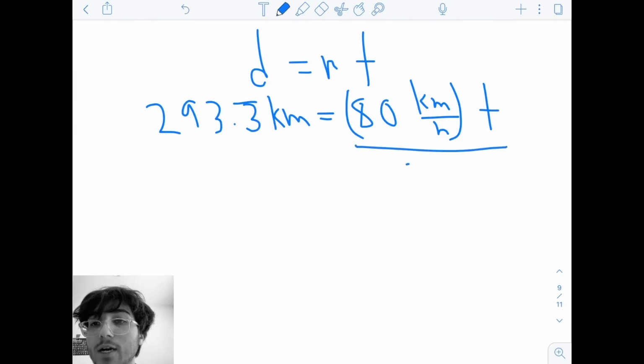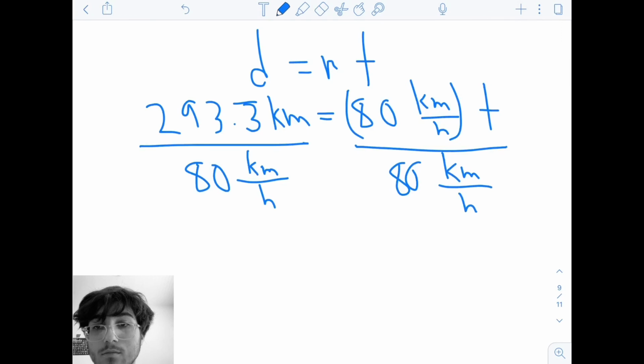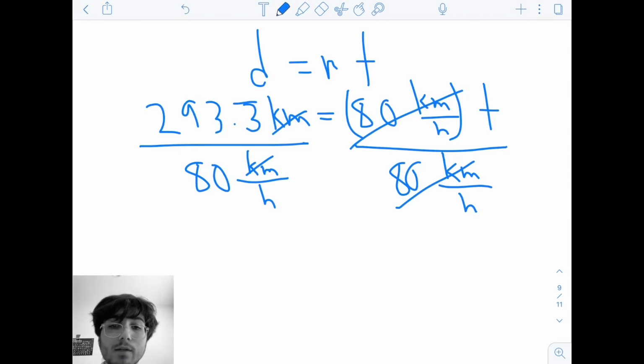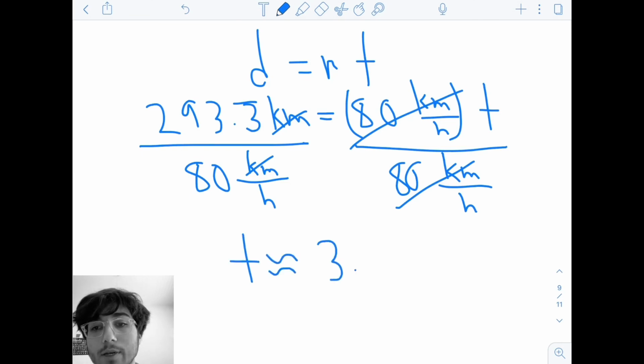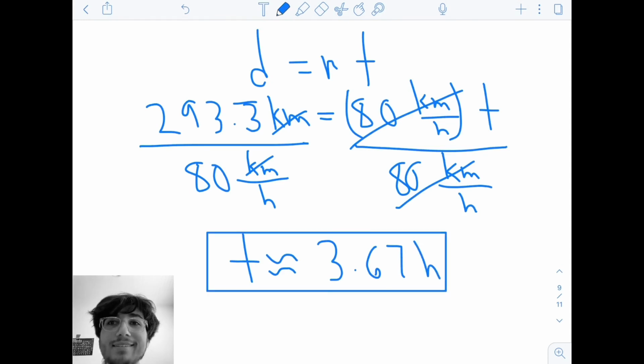So we're going to divide by 80 kilometers per hour on both sides. So kilometers cancel out, and you're left with hours, just like we wanted. So 293.3 repeating divided by 80 is about 3.67 hours. And that's it.